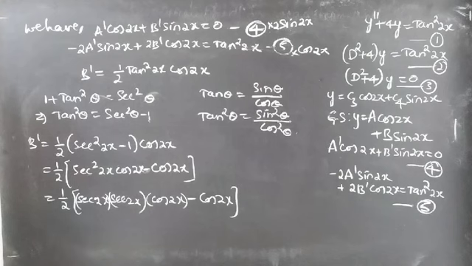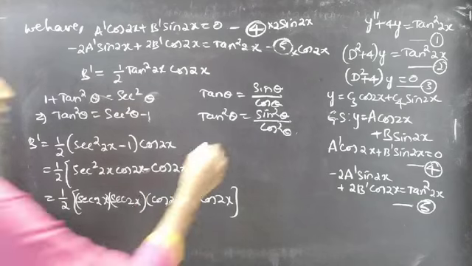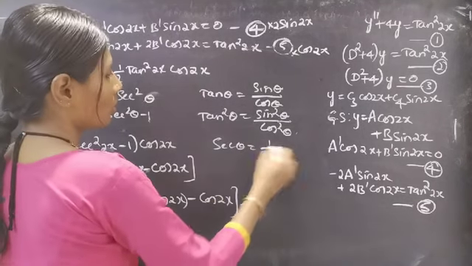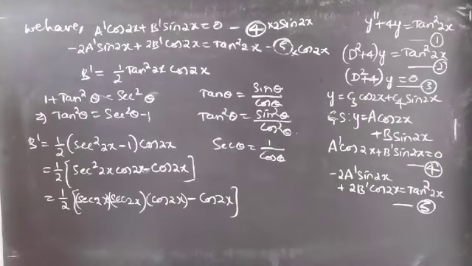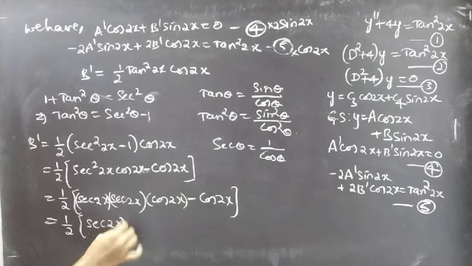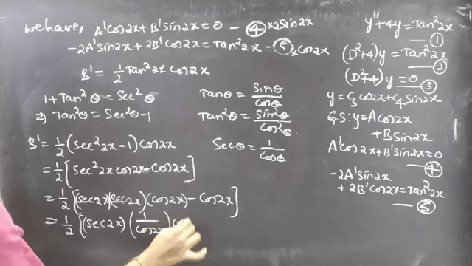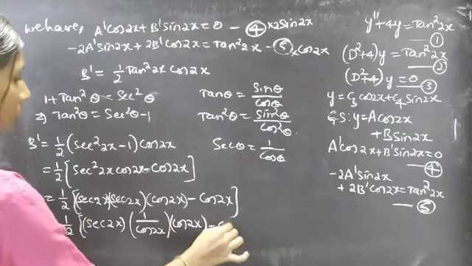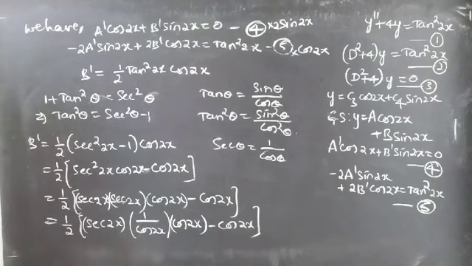Since we are having cos 2x, and secant theta equals reciprocal of cos theta, then we'll get 1 by 2 into, I'll replace one secant 2x with reciprocal of cos 2x, so that I can cancel cos 2x here. So from this we'll get b' equals 1 by 2 into secant 2x minus cos 2x.